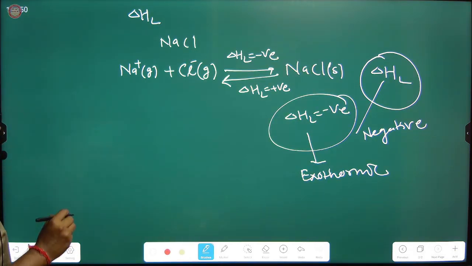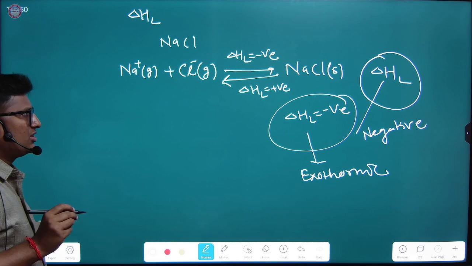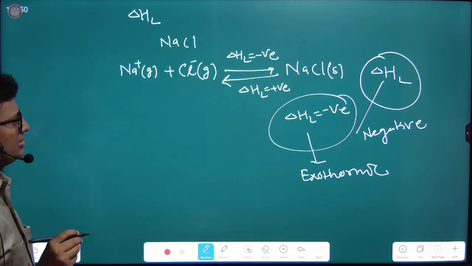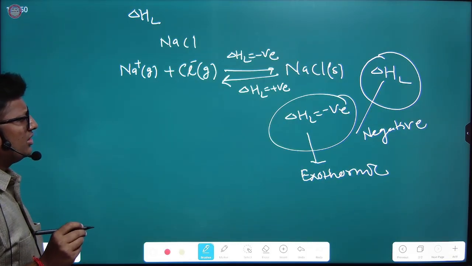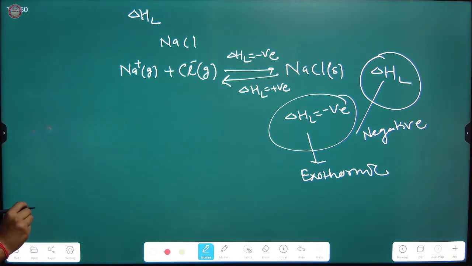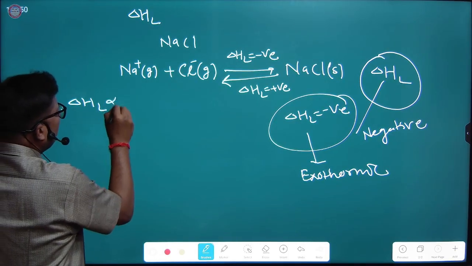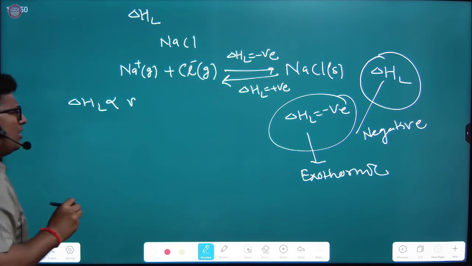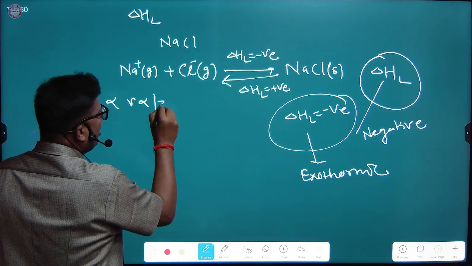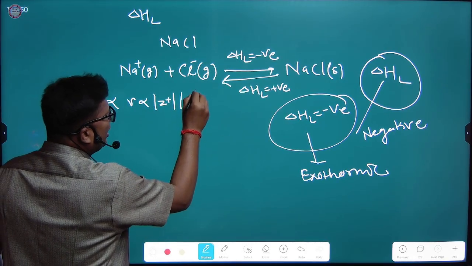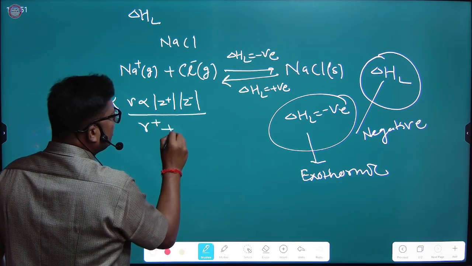Through the formula we can estimate them, because if you have no sufficient knowledge about the lattice structure or crystal structure, and it is very difficult to estimate experimentally, then through the application of ionic radii we can estimate the lattice enthalpy of any ionic compound. Delta HL is directly proportional to ν, the number of ions in a unit formula, and also proportional to |Z+| and |Z-|, and divided by the interionic distance, right?